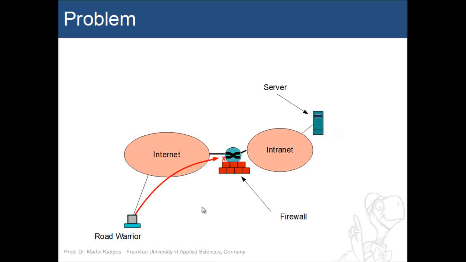So in the US, people working outside the company are often referred to as road warriors, being on the road, trying to fight for the company. But these people do not get access now to the resources in the intranet of the company, and that might be necessary.